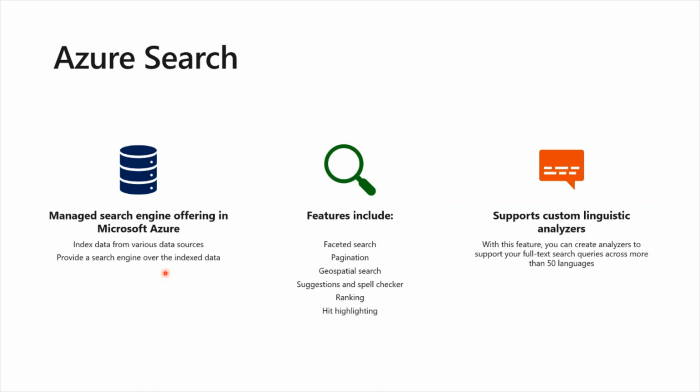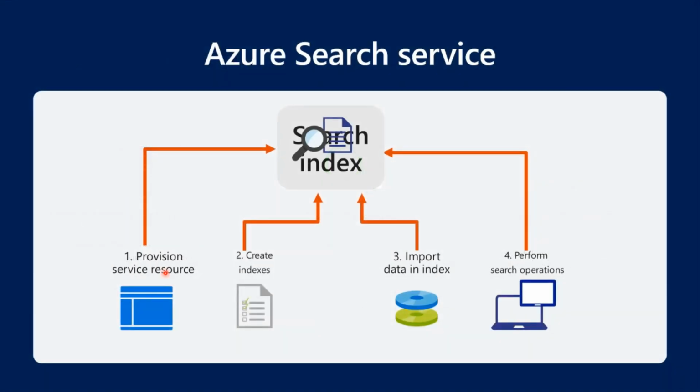In addition to APIs, Microsoft Azure Portal provides administration and content management support with tools for prototyping and querying your indexes. Because the service runs in the cloud, infrastructure and availability are managed by Microsoft. So you have full availability.